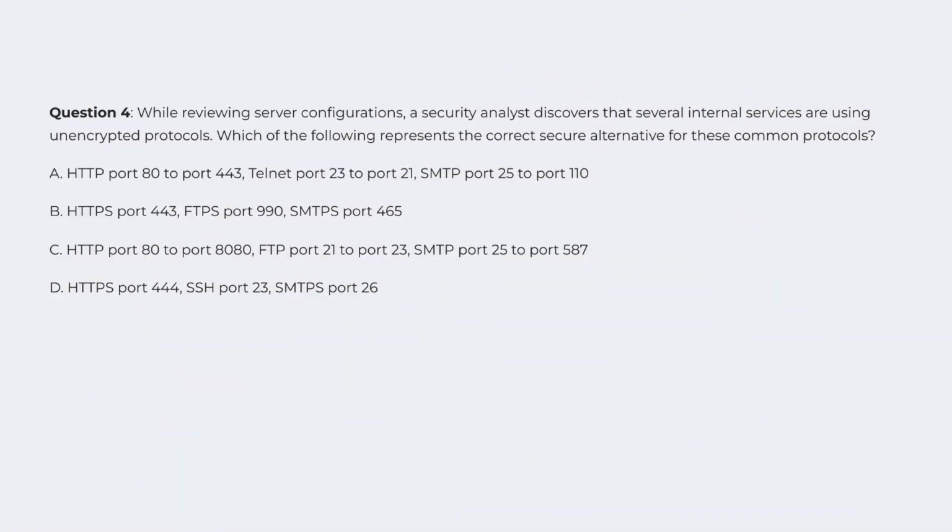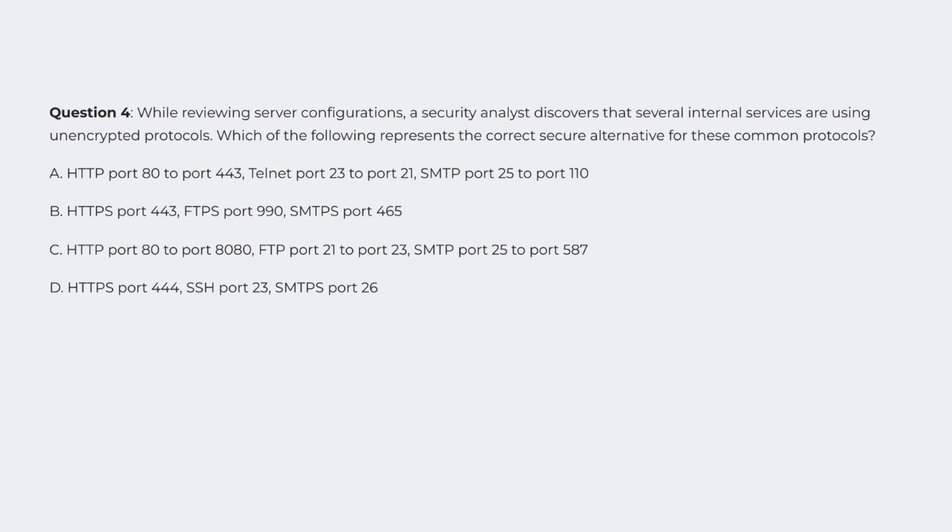Question 4. While reviewing server configurations, a security analyst discovers that several internal services are using unencrypted protocols. Which of the following represents the correct secure alternative for these common protocols? A. HTTP port 80 to port 43, Telnet port 23 to port 21, SMTP port 25 to port 110.